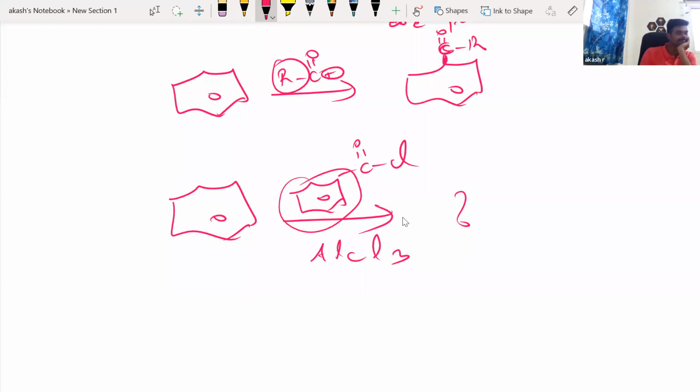Benzene ring. So I think it forms two benzene and one C double bond O in between, right?